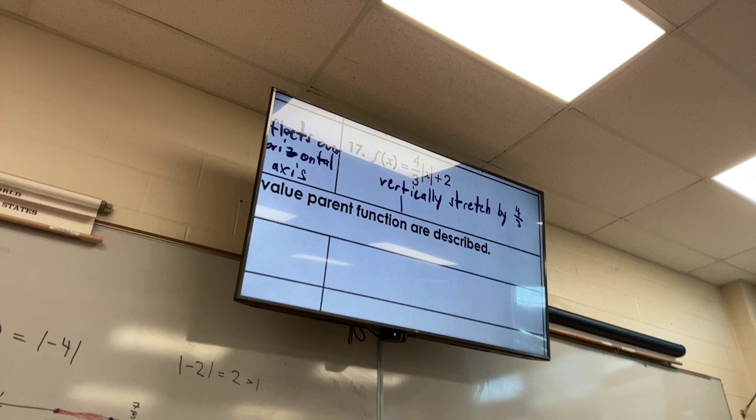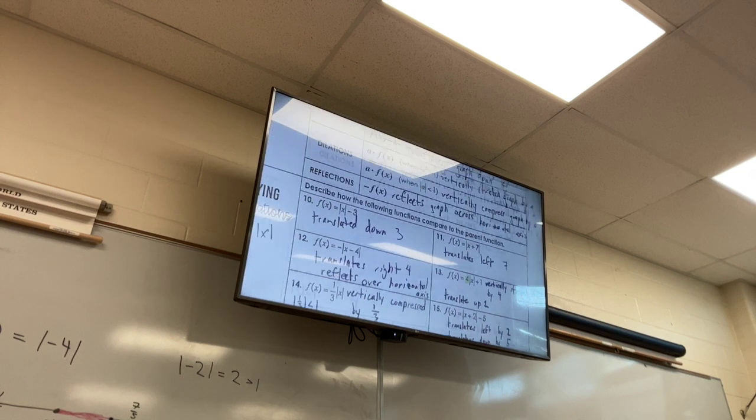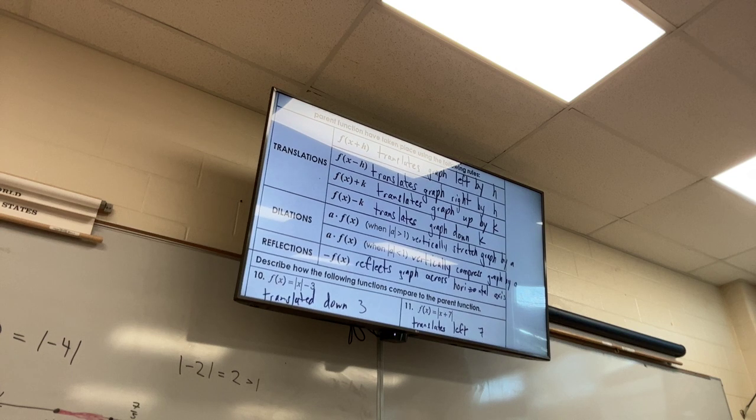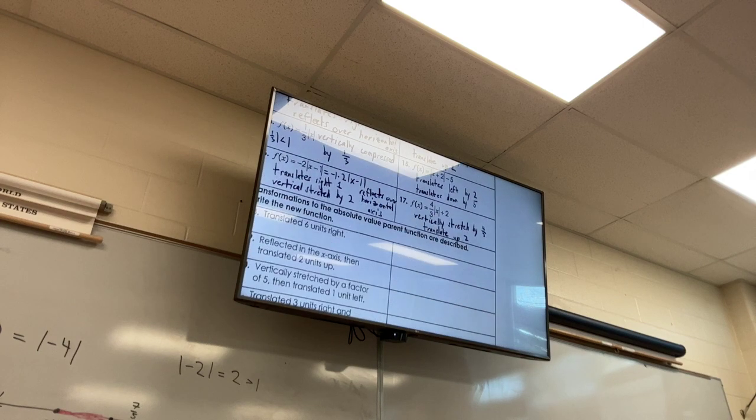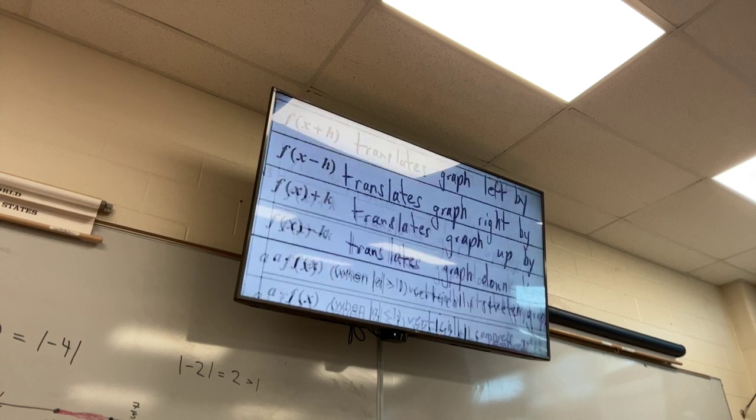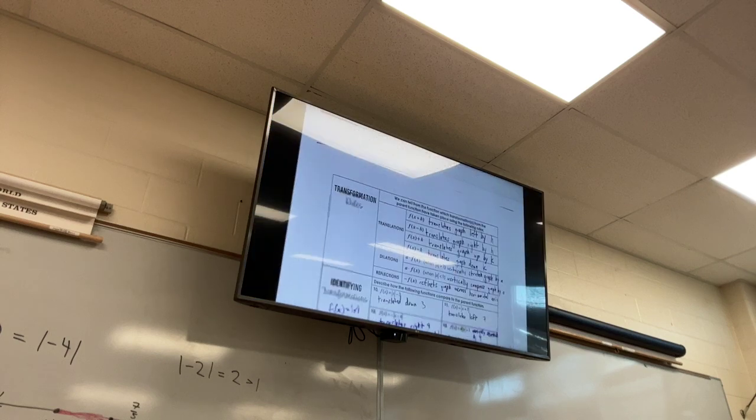Translate me up, right? If it's hard to remember left and right versus up and down, just look at your chart here. A +2 outside my absolute value is going to translate the graph up.